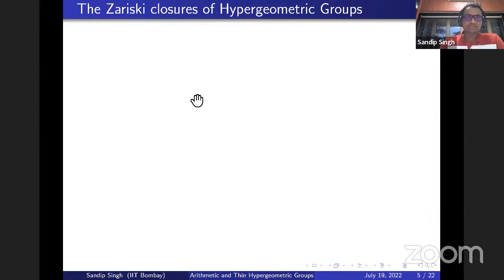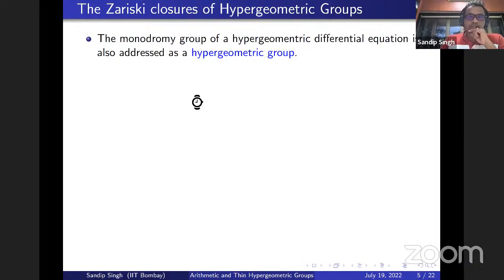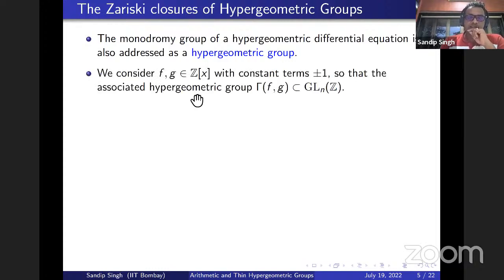Now we'll discuss how thick these hypergeometric groups are inside GLnC. So presumably we'll be calculating the Zariski closure of these groups. Just for convenience, we consider F and G as integer coefficient polynomials with constant terms plus or minus 1, so that the associated hypergeometric group is a subgroup of GLnZ.